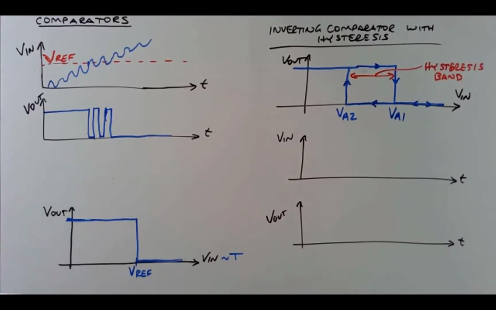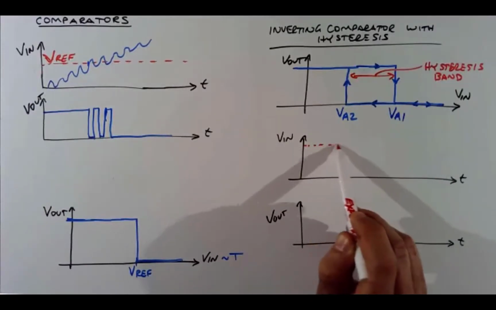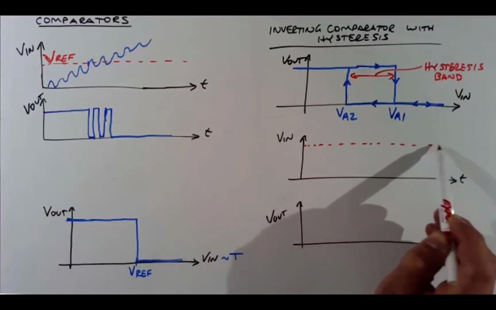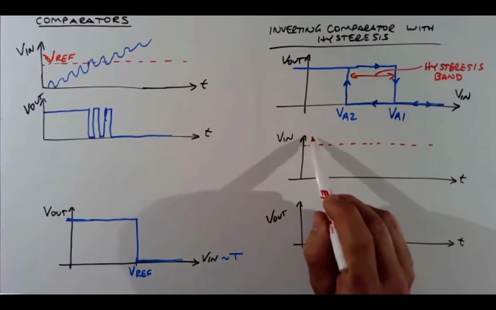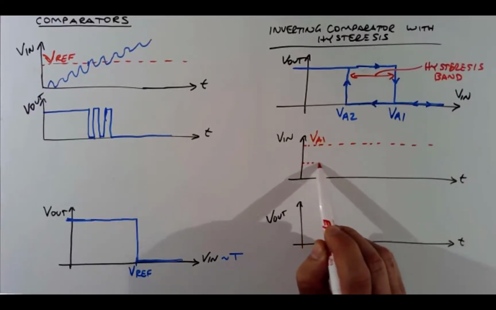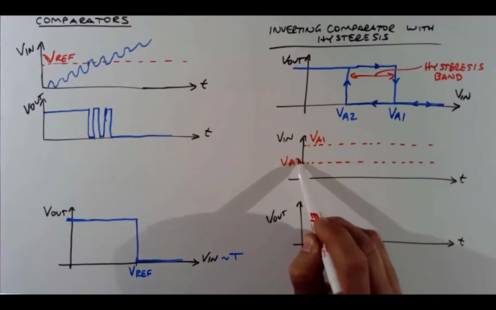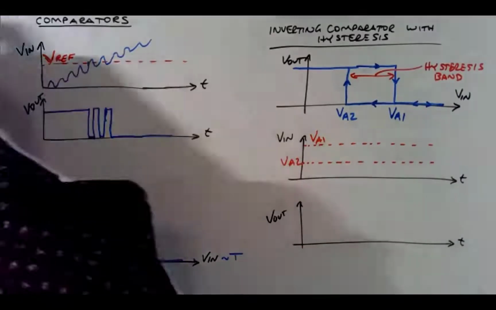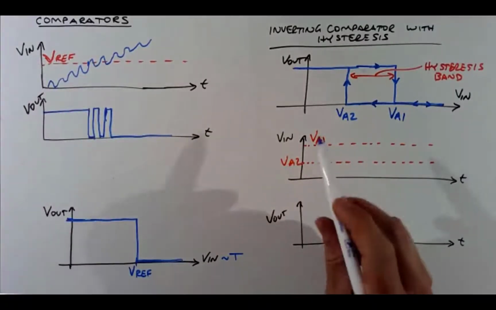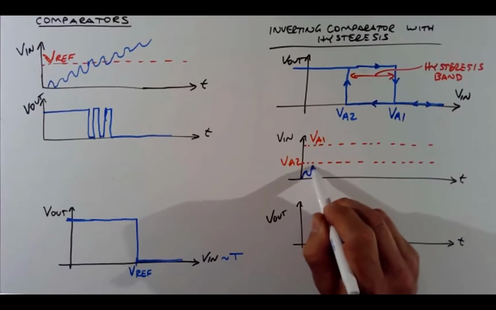And so let's suppose now we have 2 thresholds. The upper one is VA1. The lower one is VA2. And then we have our noisy signal. So now let's have the noisy signal go up and down. Let's make it really noisy.